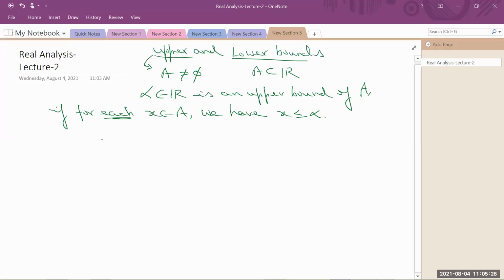And in terms of quantifiers, we have the representation that if alpha is an upper bound of A, then for every x belonging to A, x is less than equal to alpha.